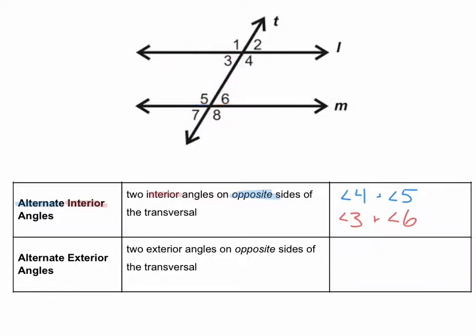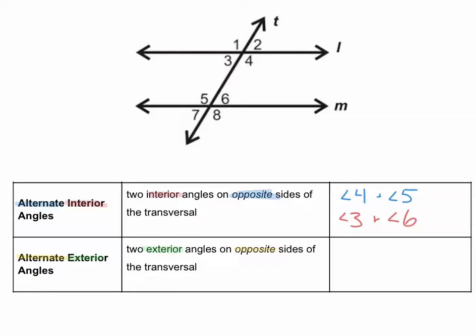Remember, they're on the inside of that house that we can form, but they are on opposite sides of the transversal. The next pair of angles are called alternate exterior angles. These are exterior angles, and they are on opposite sides of the transversal. Remember, that word alternate tells us it's on opposite sides of the transversal.